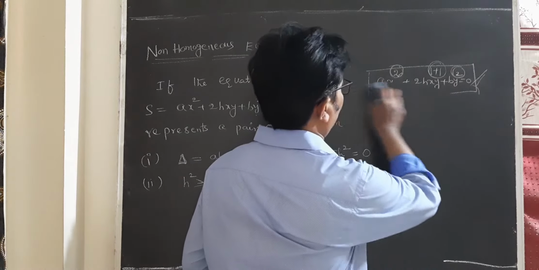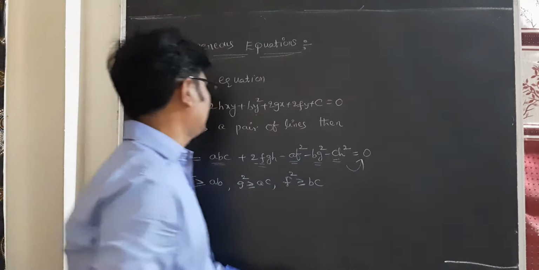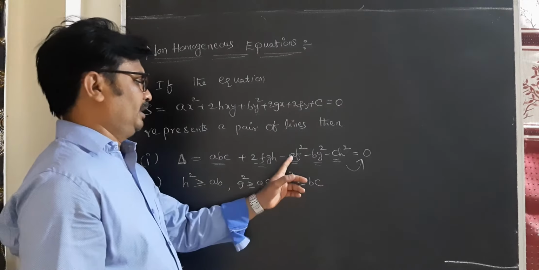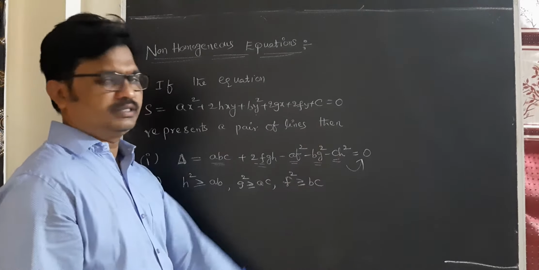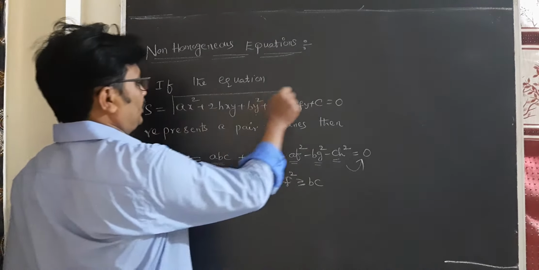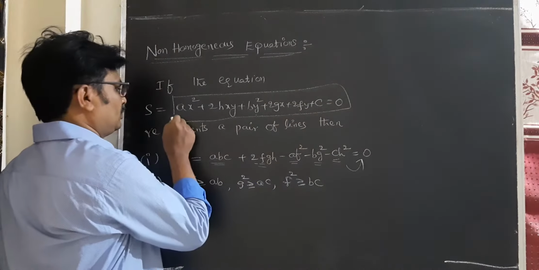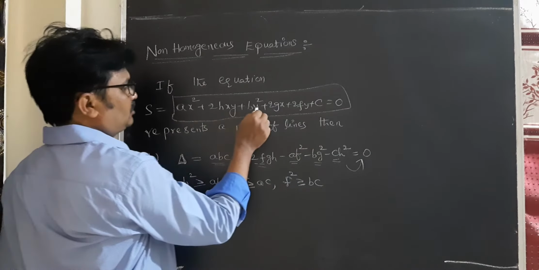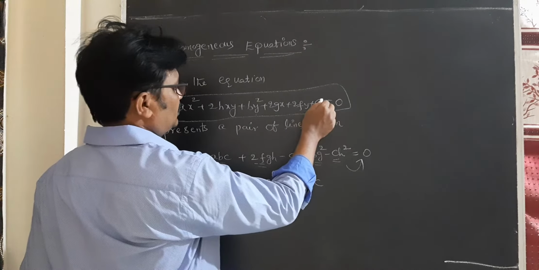Delta equal to 0. Dear students, delta means abc plus 2fgh minus af square minus bg square minus ch square. Here we observe that when we substitute x equal to 0 and y equal to 0, we get 0 plus 0 plus 0 plus 0 plus 0, and c is there.